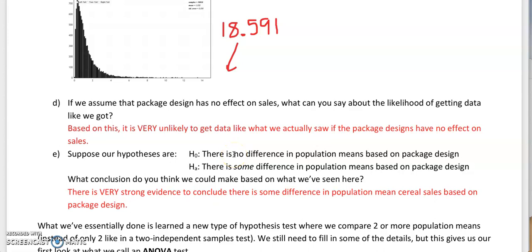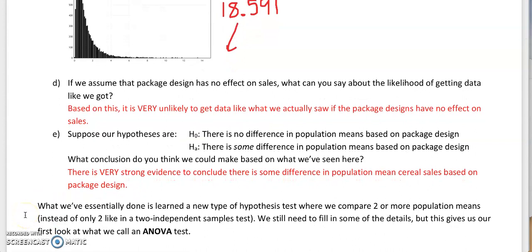Essentially, that corresponds to us getting a very, very, very small p-value. And so what we've done throughout the semester is we've said, if we get a very small p-value, that means we have really strong evidence to conclude that the alternative hypothesis is true, which in this case means there's very strong evidence that there really is some difference in population mean cereal sales based on the package design.